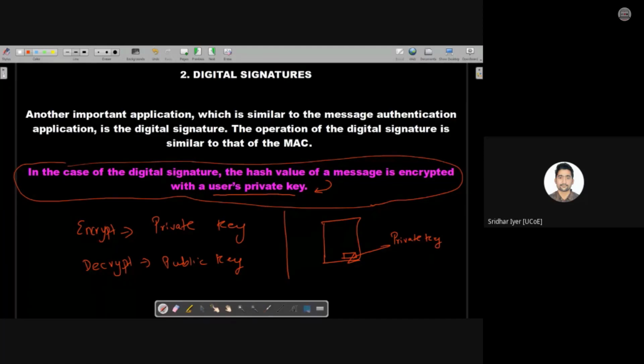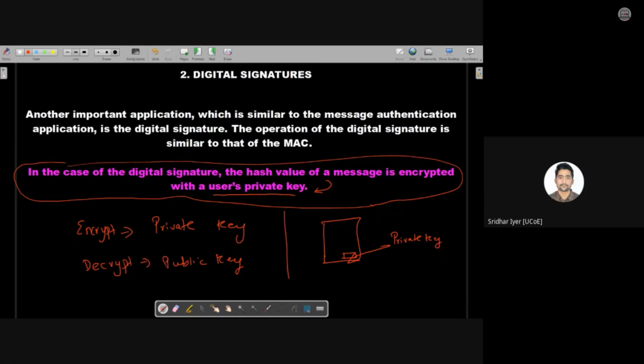Is it clear now? So digital signatures and message authentication codes are totally different in terms of this particular concept only. In terms of message authentication code, we are encrypting with the receiver's public key. The receiver will decrypt it using his or her private key. But this is exactly opposite. Digital signatures is where I am trying to find out the authenticity of the user who is sending the message.